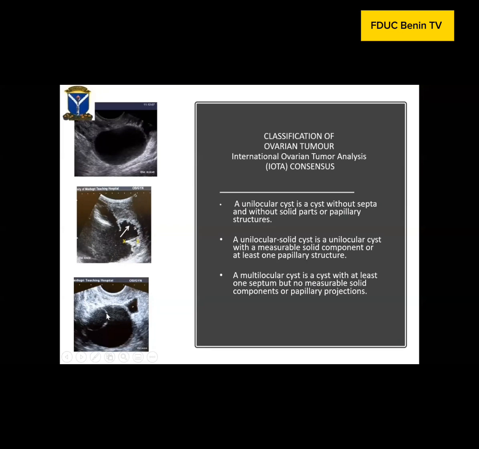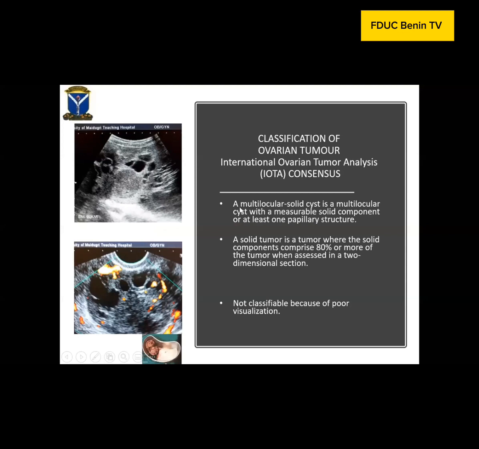A multilocular cyst is a cyst with at least a septum without any measurable solid component. A multilocular solid cyst is a multilocular cyst with a measurable solid component or a papillary projection.